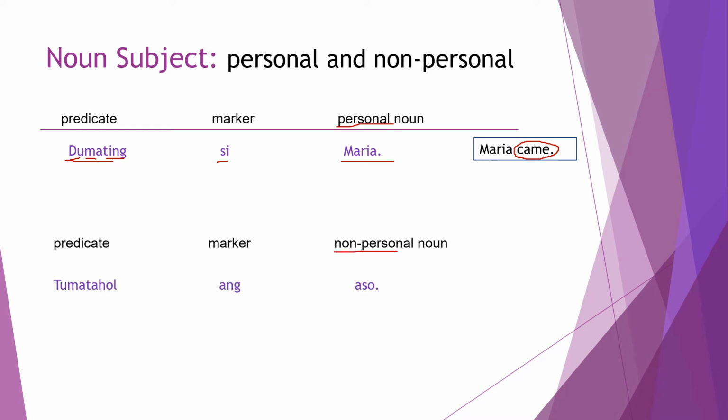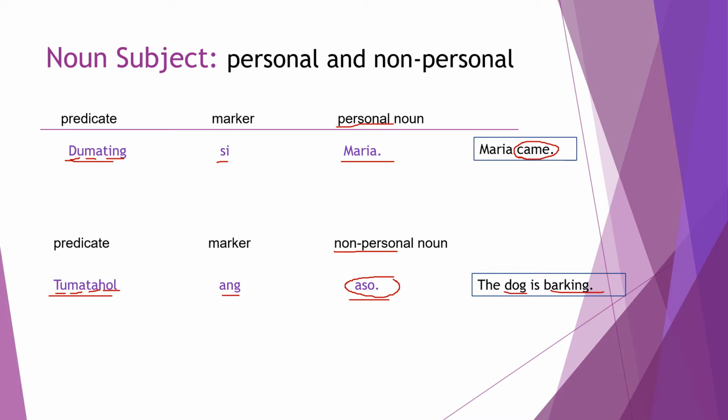Let's have this sentence. Tumatahol ang aso. It literally means the dog is barking. Tumatahol means barking and aso is a dog.